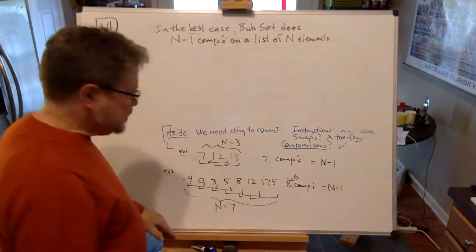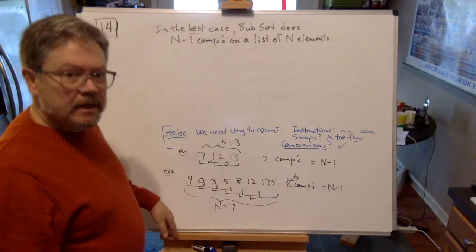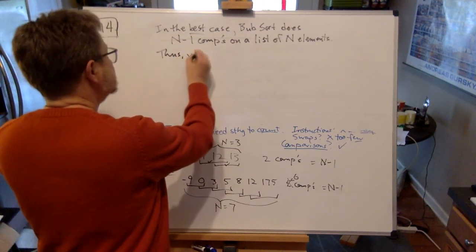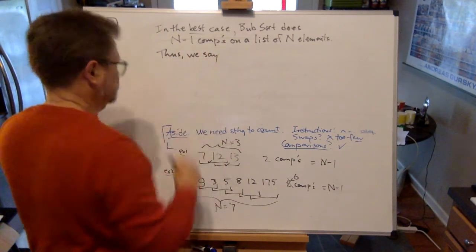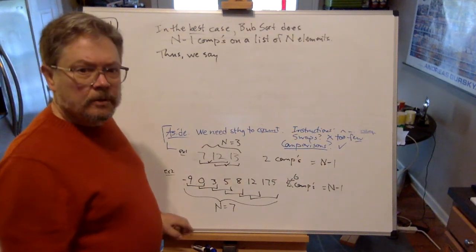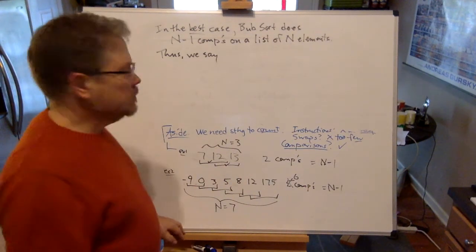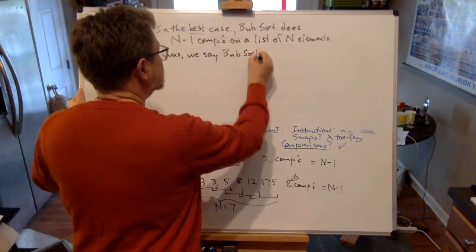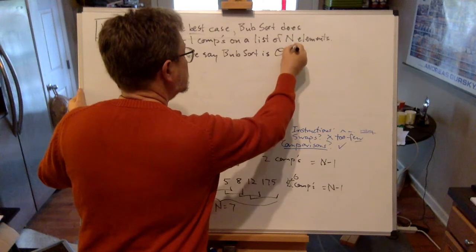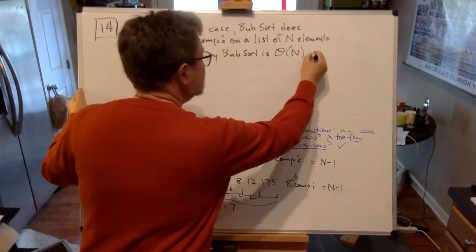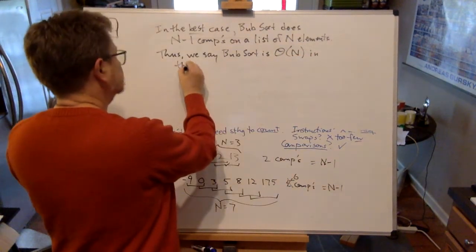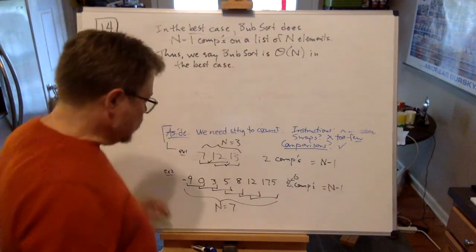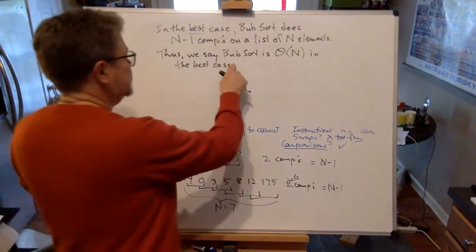And since this is analysis, and analysis is kind of mathy, I use a mathy word. Thus, we say, we, you, I, the American people, all the computer scientists of the world, we say bubble sort is big script O, order n, in the best case.